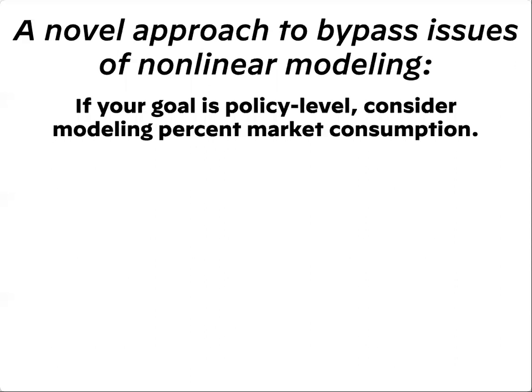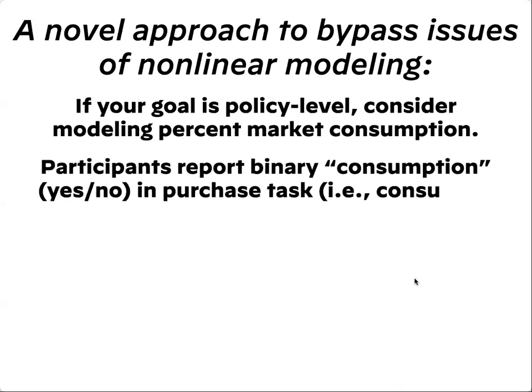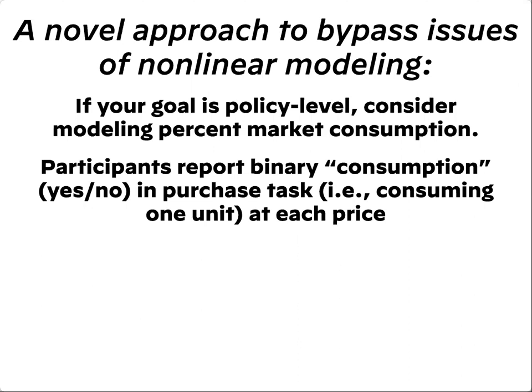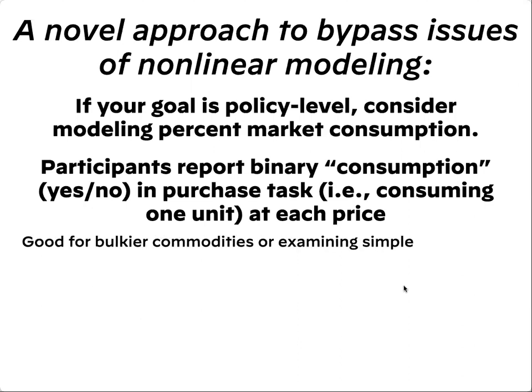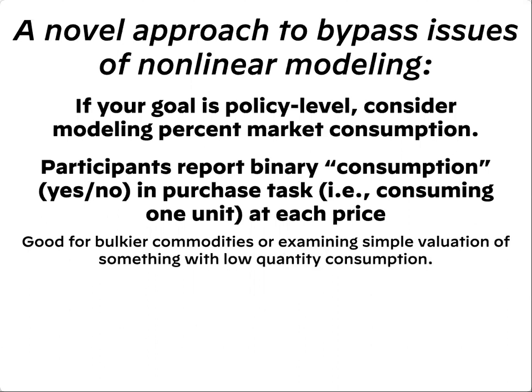This was something out of Greenwald and Hirsch, which was referenced earlier today by Michael in his talk on purchase tasks, which is basically a binary approach to a purchase task. So you ask people, would you purchase this commodity at this price? Yes or no? This is really good for bulkier commodities or examining the valuation of something with low quantity consumption.